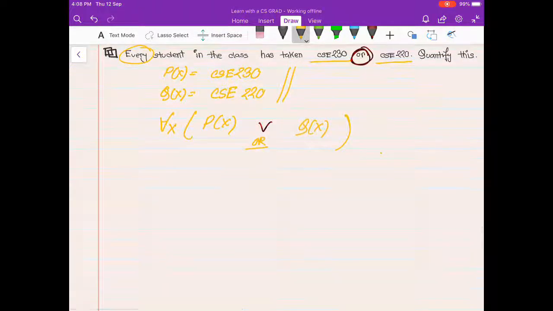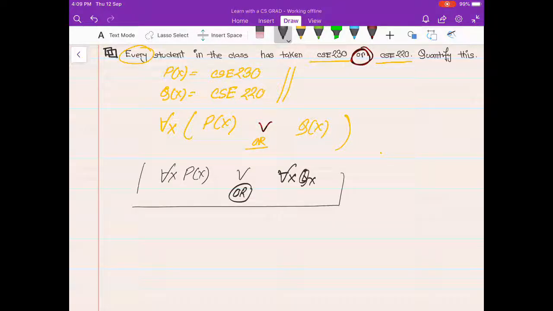There is one more thing that you have to remember, which is a convention that everyone follows, that we can also write this like this: all students have taken CC 230, or, this sign represents or, if you don't know that before, so that's why I'm writing it down, or all students have taken CC 220.